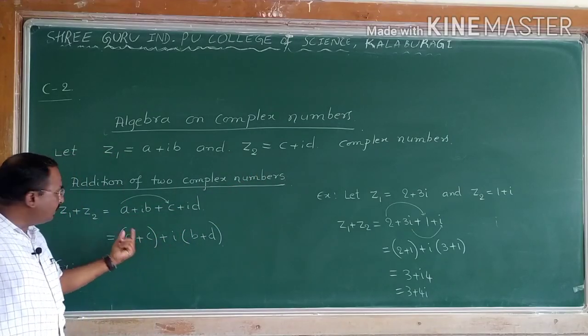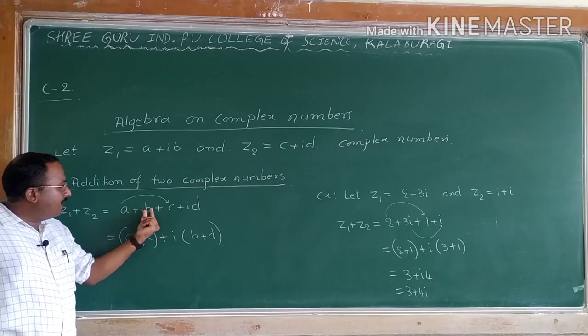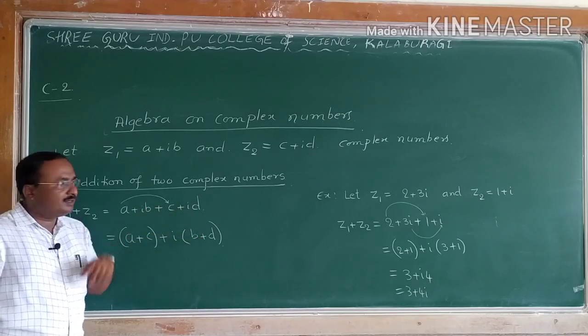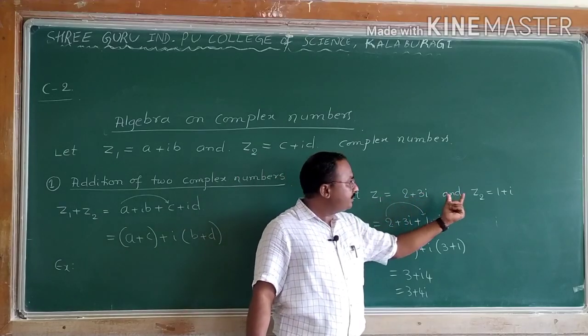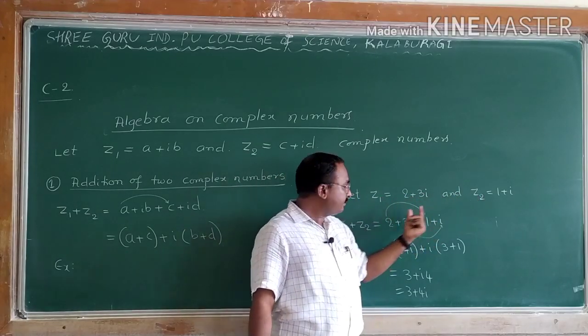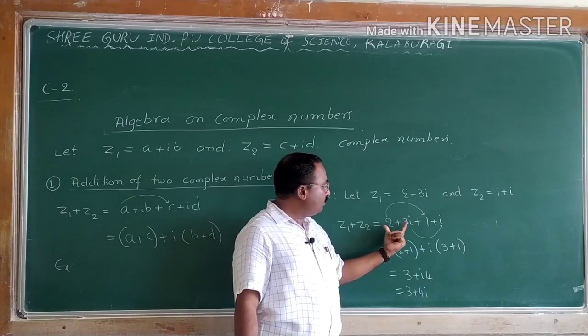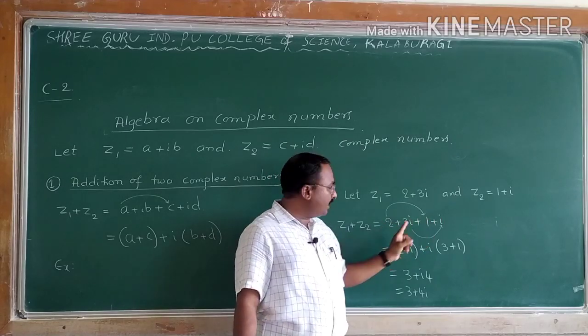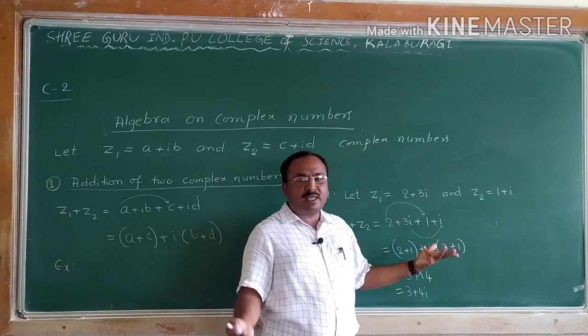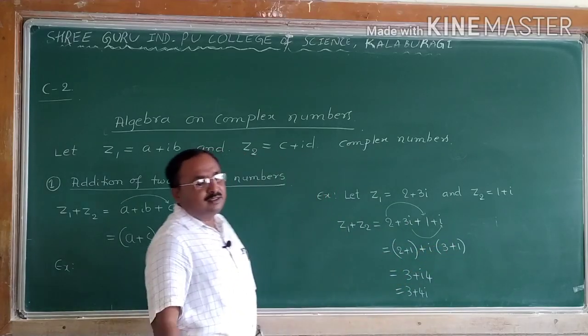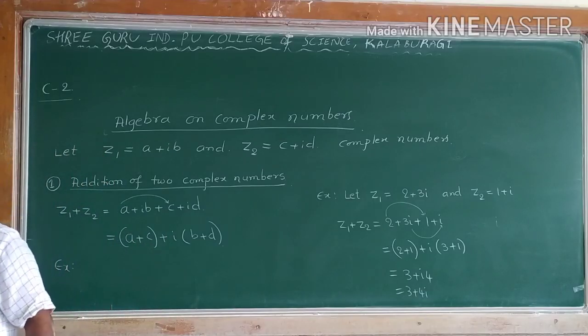Addition of these two complex numbers, add real, add imaginary. For example, z1 2 plus 3i, z2 1 plus i. z1 plus z2, 2 plus 3i plus 1 plus i. Real is 2 plus 1, 3, imaginary 3i plus 1i, total 4i. That is addition of two complex numbers.